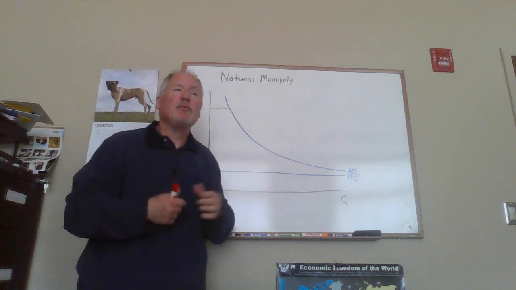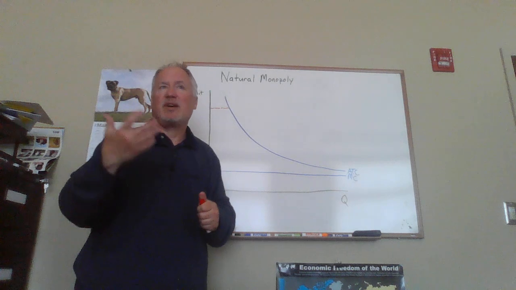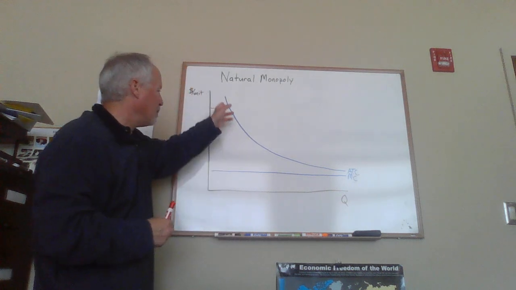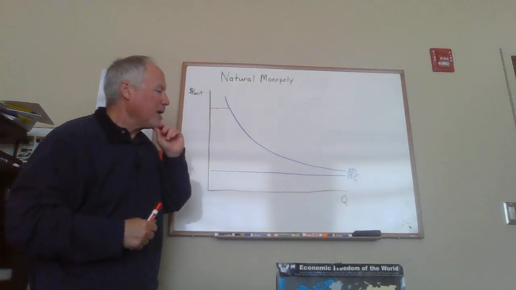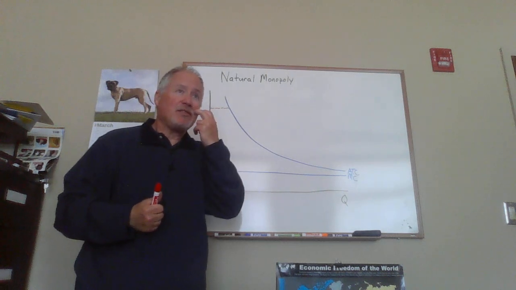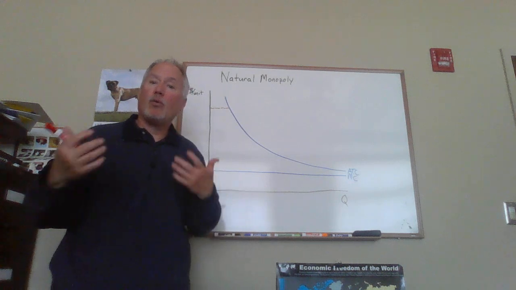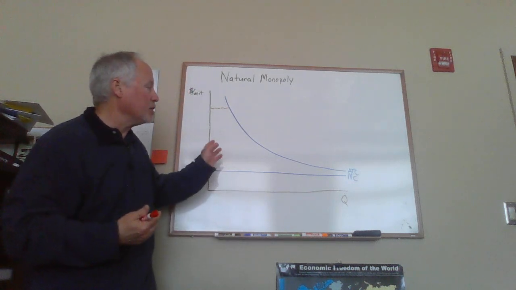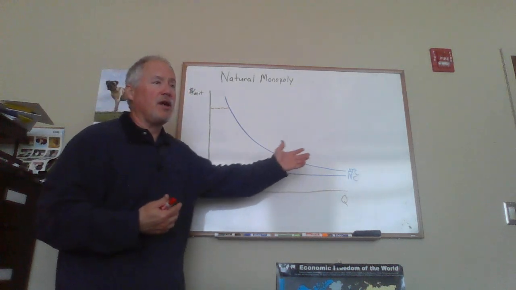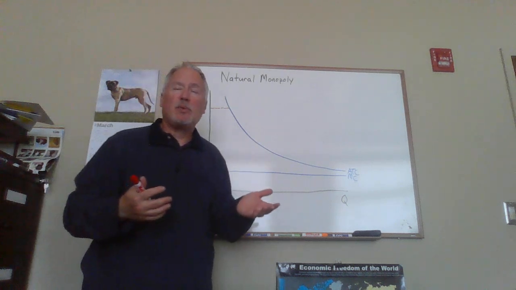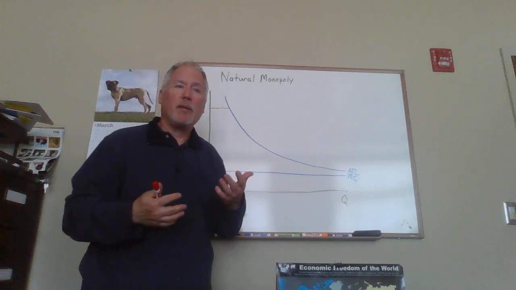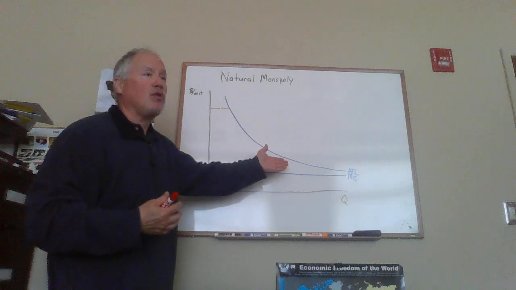So if we had started, say, in 2024 with 10 or 12 firms all operating up here at this point, and we came back in 5 or 10 years, it would not be surprising at all if we saw only a single firm operating in this industry, because one of them got to be bigger than the others and is now able to supply the whole quantity for the market, because they have a lower cost.